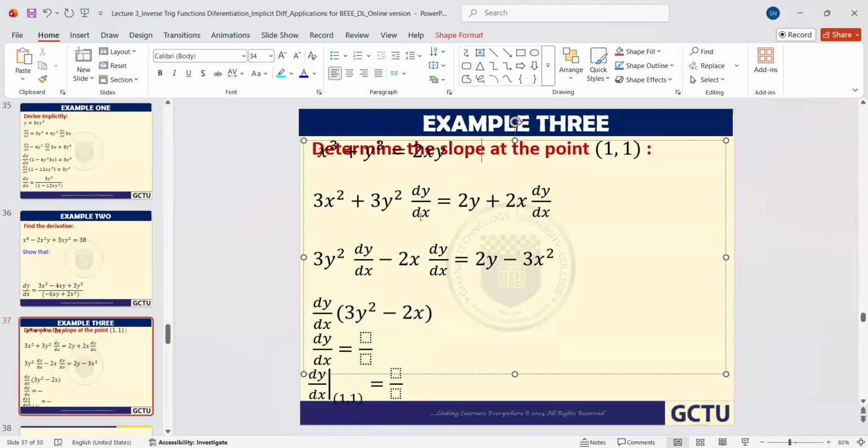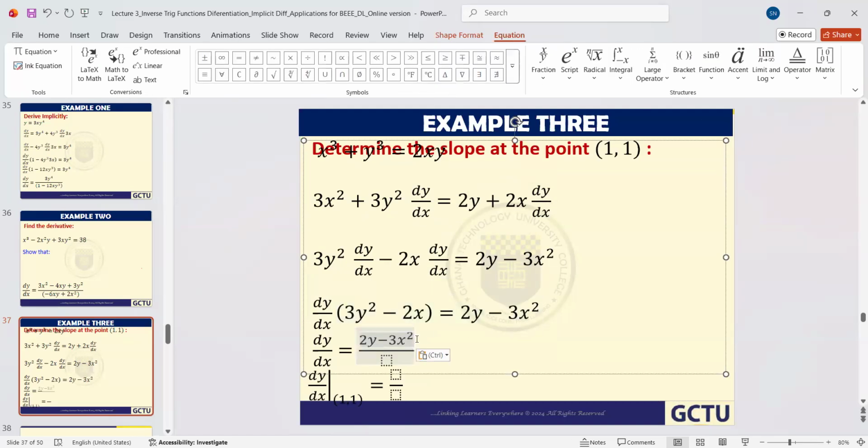Then on the right-hand side, I'm going to have 2y minus 3x squared. So if I divide both sides by this, the numerator here is going to be this term here, and the denominator here is going to be that term here.